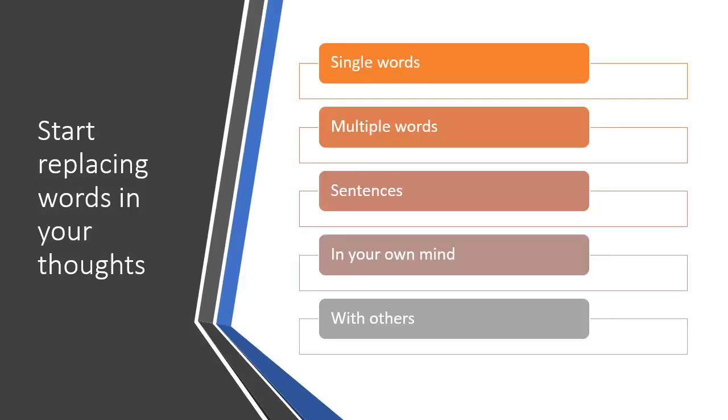The next step is to start replacing the words in our thoughts or mind. Usually we are used to thinking or communicating in a language in which we have studied or which we have used for a long time because of various circumstances, maybe due to our work, job, etc. It could be our native language or it could be English.